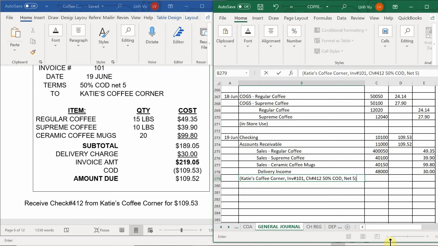In this case, invoice number 101. Her terms were 50% COD. So I've already made the 50%. I received 50% with check number 412, and she owes me the remaining amount in 5 days. Perfect.